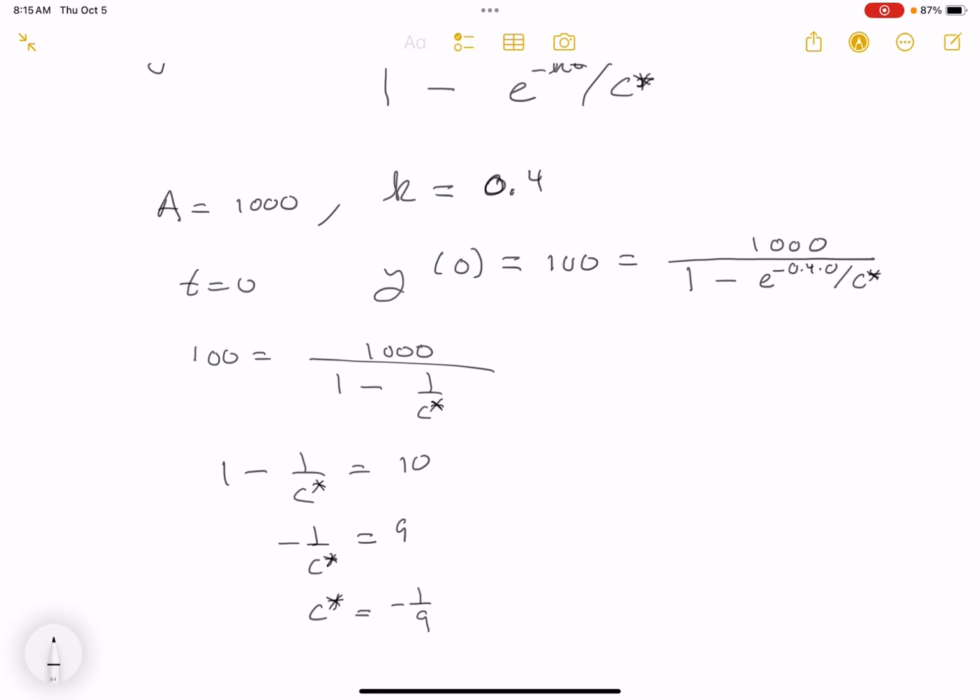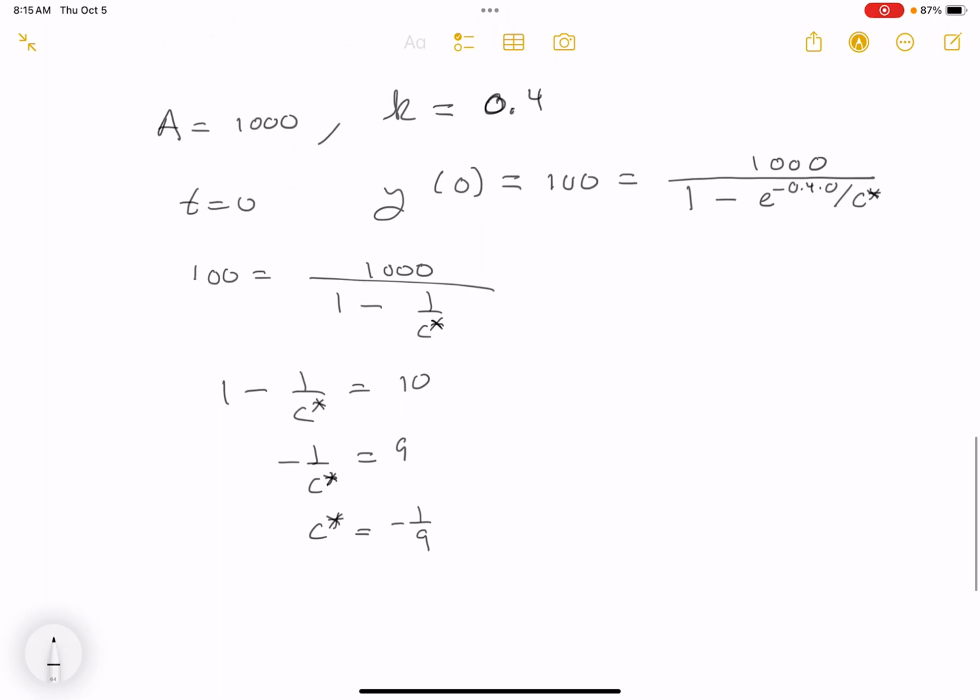All right, let me see if that makes sense here. So I got the initial population, carrying capacity. Yeah, I think I'm doing okay. So what I want to do is move forward, and I got that C star business, and let's write this down now. So Y as a function of time is equal to 1,000.